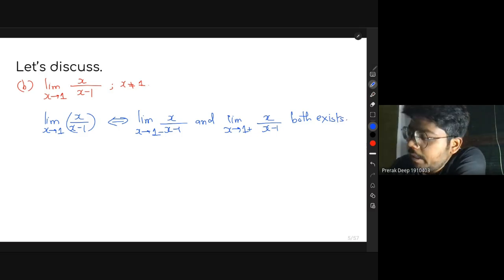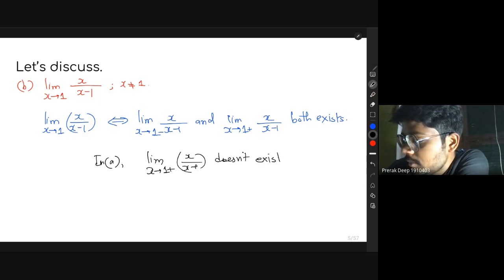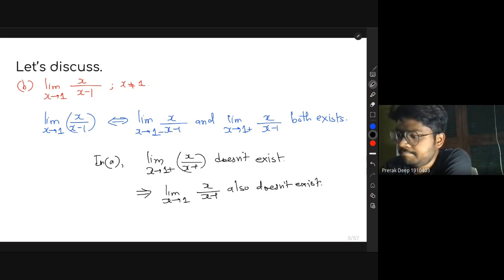And we have seen in the first part, in a, that the limit x tending to 1 plus of the same function does not exist. So we can conclude that this limit of x tending to 1 also does not exist.